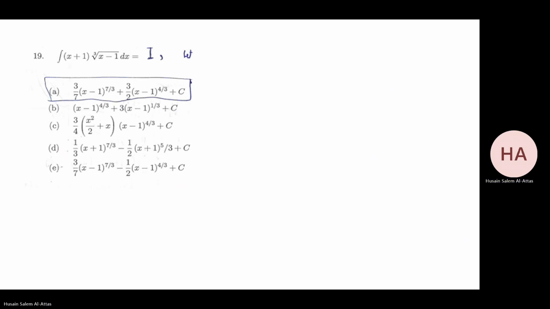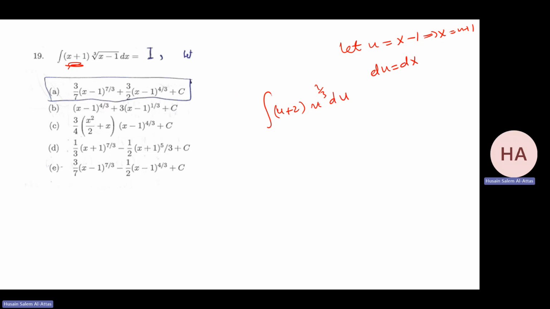Yeah, I'm almost there. What's the next one? Yeah, not that difficult. Let u equal x minus 1. Don't forget x equals u plus 1. Because I need it here. du equal dx. So the integral x plus 1, that will be u plus 2, u root of u to the power 1 over 3 du.